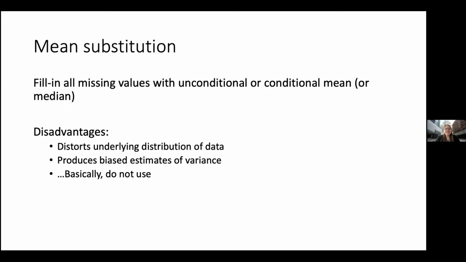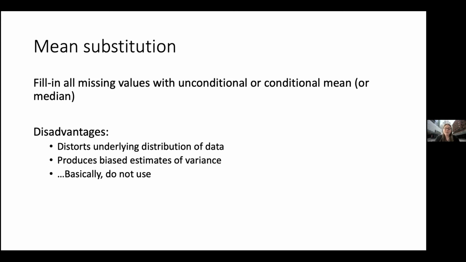The next is mean substitution. So I see this one pretty commonly, unfortunately. And so what you're doing here is you're filling in the missing values with either the unconditional, so the whole, total mean, or a conditional mean where say, you're stratifying your data and taking the mean of a group. You can also use the median or the mode, sometimes you'll hear.